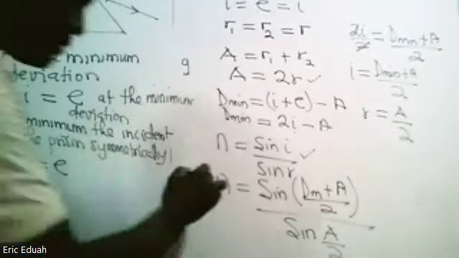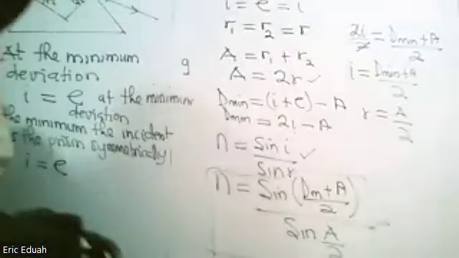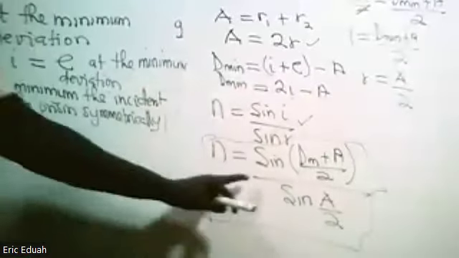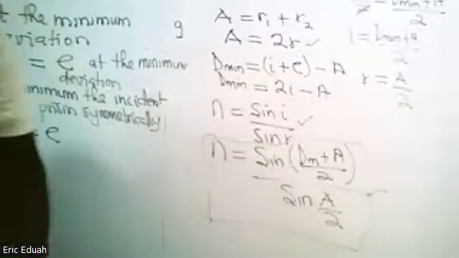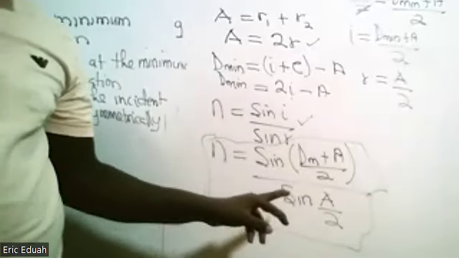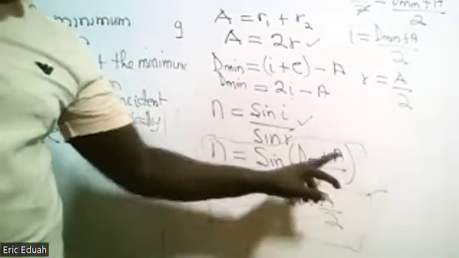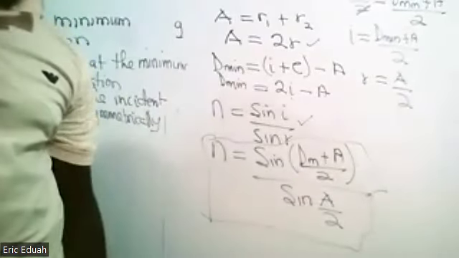So this becomes an expression for the refractive index of the prism at minimum deviation, where D minimum is the minimum deviation angle, A is the angle of the prism, and so on. Okay. Please, are we okay with this?